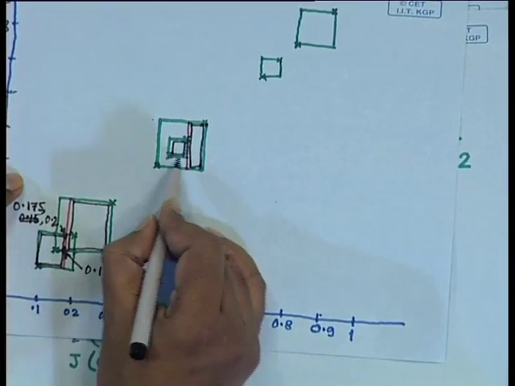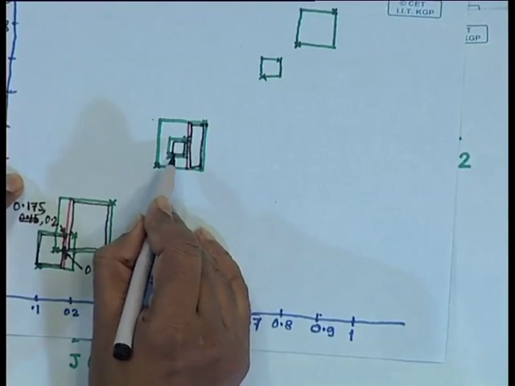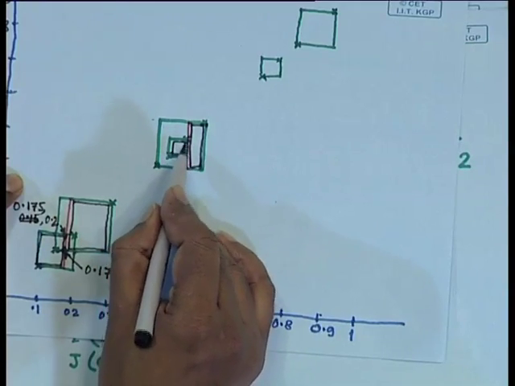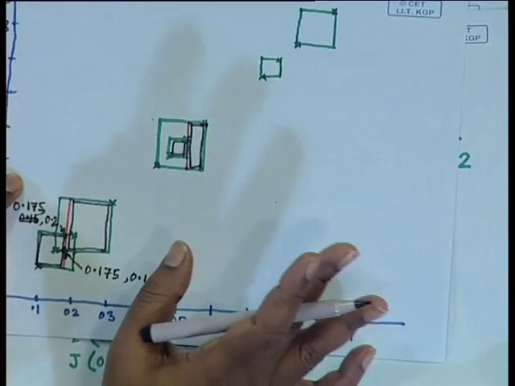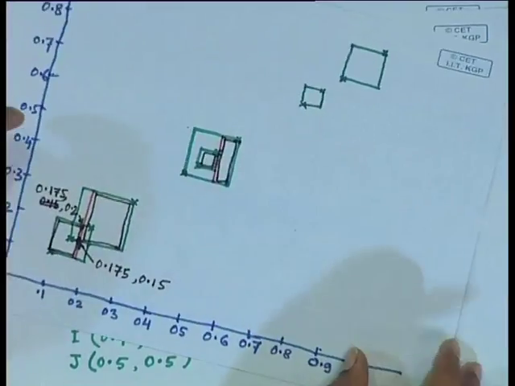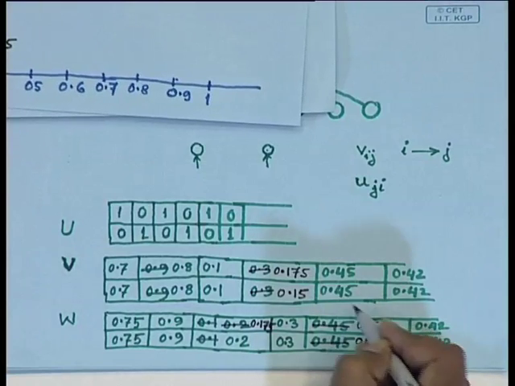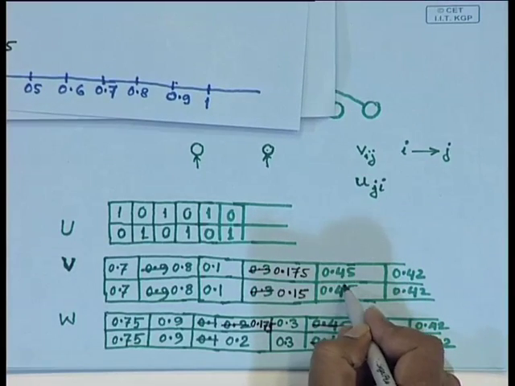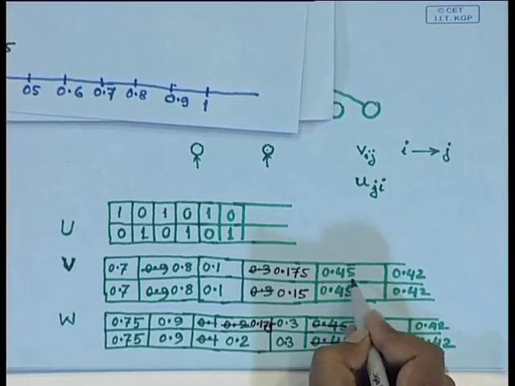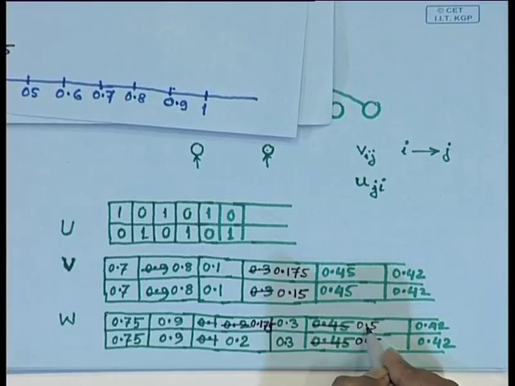Okay. So, over here you find that this hyperbox was already existing, and for this hyperbox the min max point has not been changed. Okay.